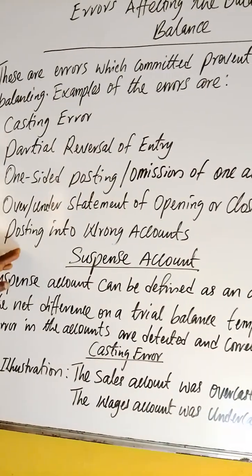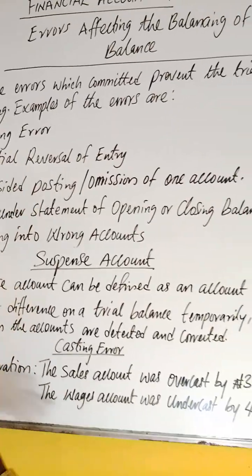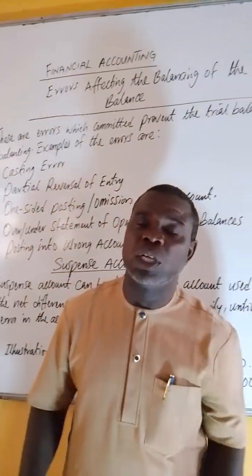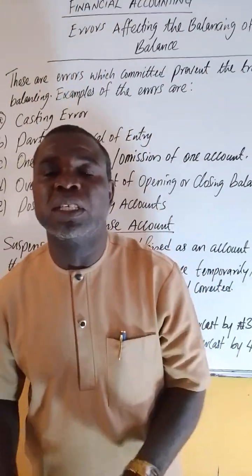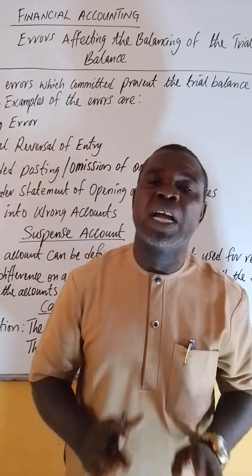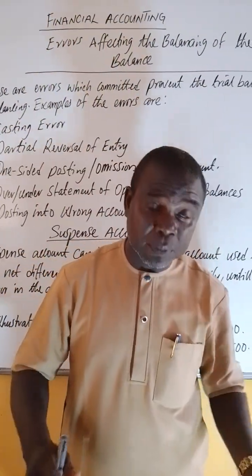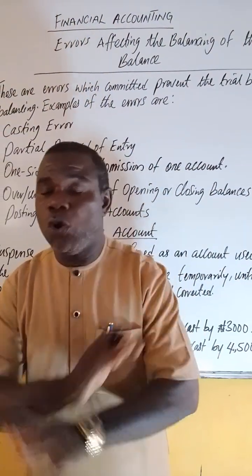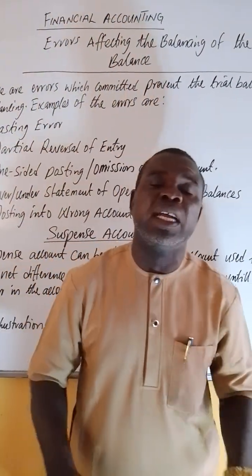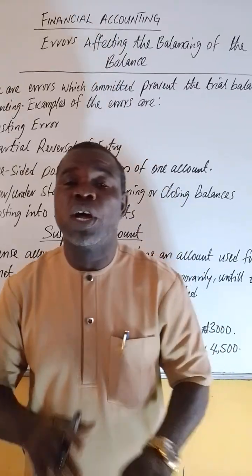The last one we're talking about is posting into the wrong account. Posting to the wrong account is a situation whereby the person posting the transaction does not have an idea of accounting, or for whatever reason, fatigue or otherwise, decides to post the whole transaction into a totally wrong account. Then it becomes what is called an error of wrong posting.